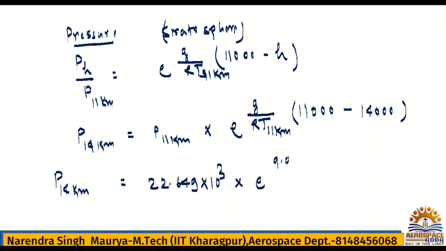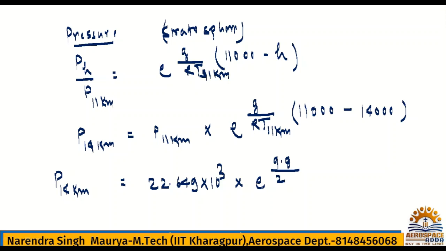g is 9.8. R is the universal gas constant. I gave that value earlier in the sea level data, so the same value must be used here, because air is not going to change its gaseous characteristics.